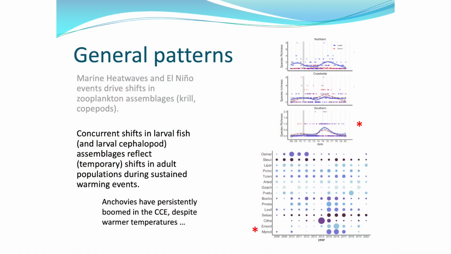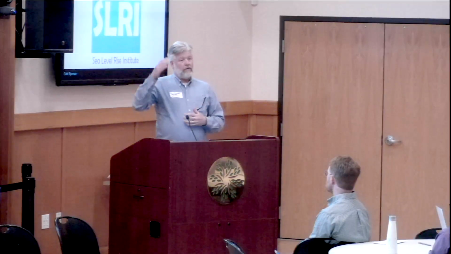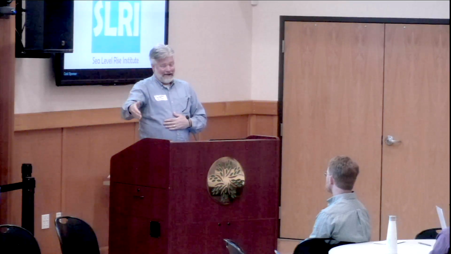Another general pattern that we're seeing is that as the zooplankton are changing, we are seeing changes in the larval fish and larval cephalopod, particularly market squid, assemblages. And we think these reflect temporary changes in adult populations. The adult fish actually moved up. People caught croaker off Trinidad Head.